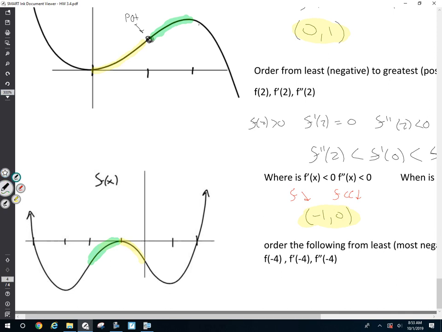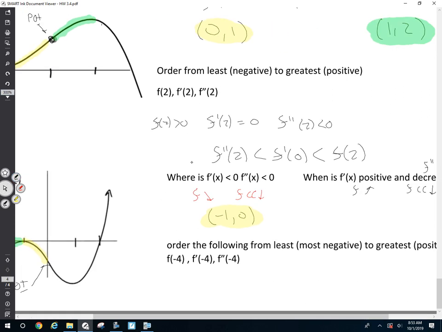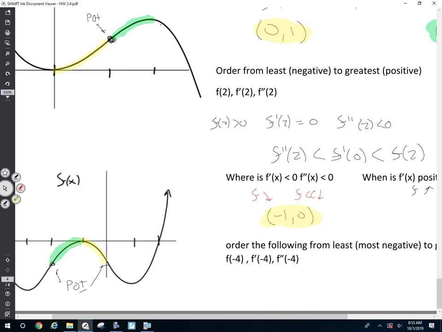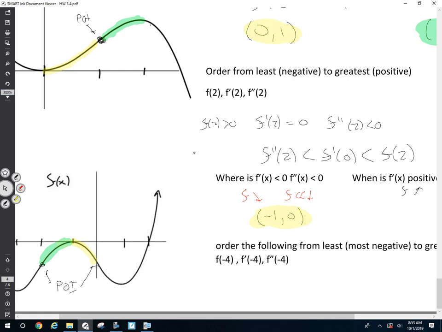Probably I would tell you that this is a point of inflection and this is a point of inflection. So from negative 2 to negative 1.